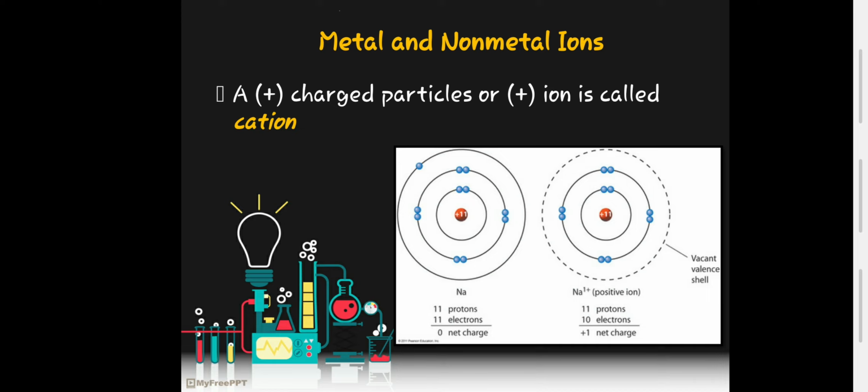It is said that sodium has a 1 positive charge as an ion. I will explain it deeper in the next slide. So always remember that if an element carries a positive charge, it is called a cation.